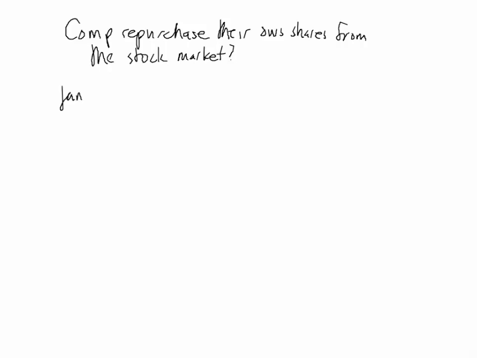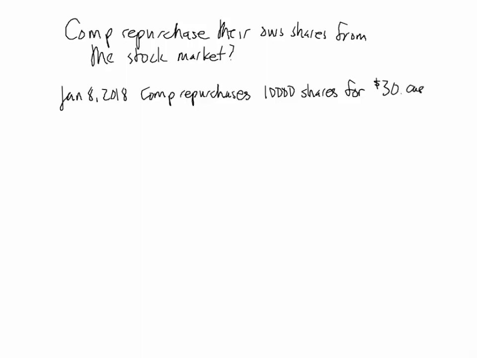So on January 8th of 2018, the subsequent year, the company repurchases 10,000 shares on the open market for, let's say, $30. How do we account for that?